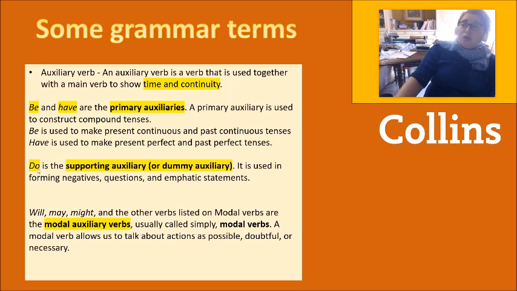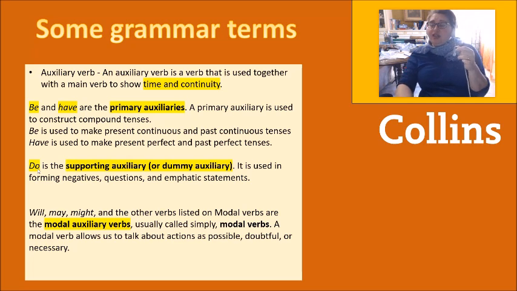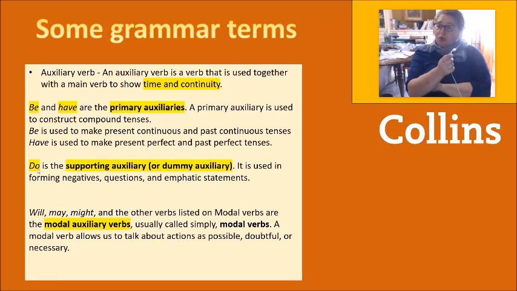But in order to make a question or a negative, in English, I always need an auxiliary. So what do I do when I don't have an auxiliary? I use a supportive auxiliary or dummy auxiliary, meaning fake auxiliary. It's not really an auxiliary, right?